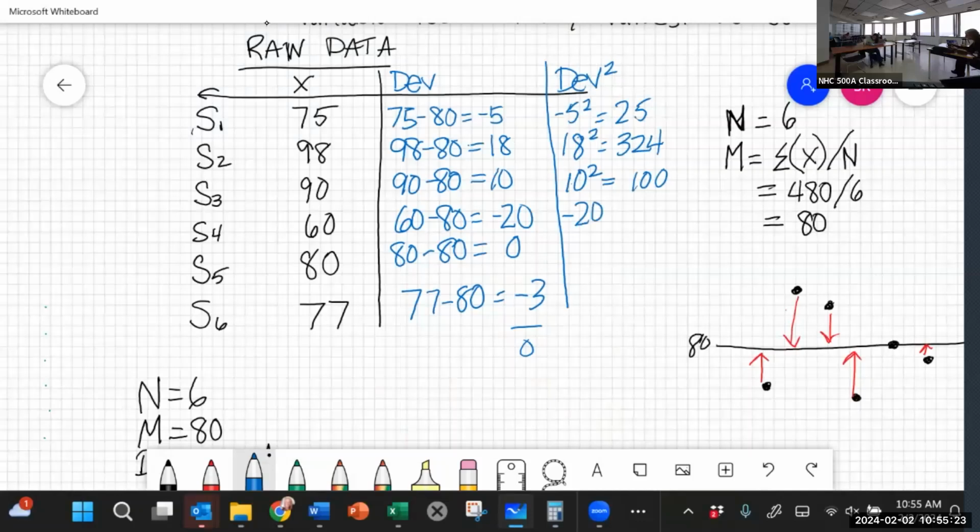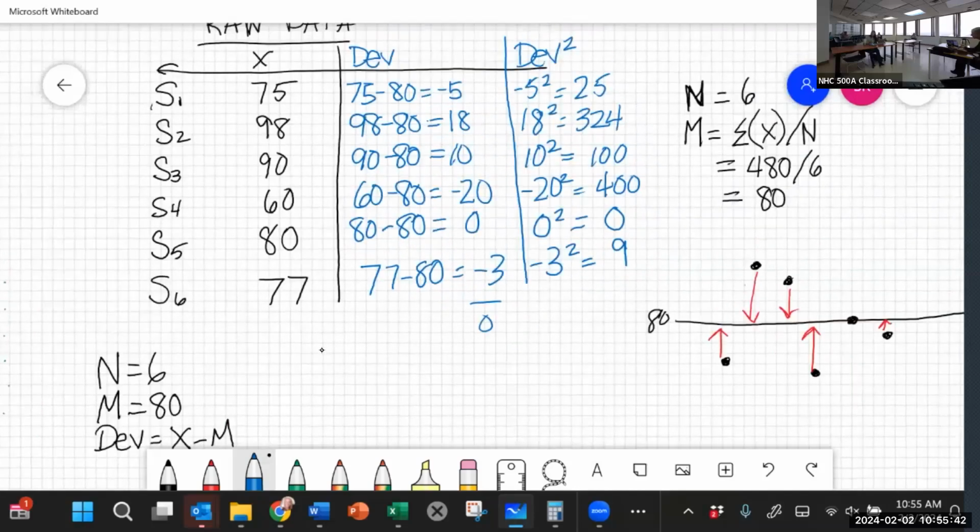Negative 20 squared equals 400. 0 squared equals 0. Negative 3 squared equals 9. All right.